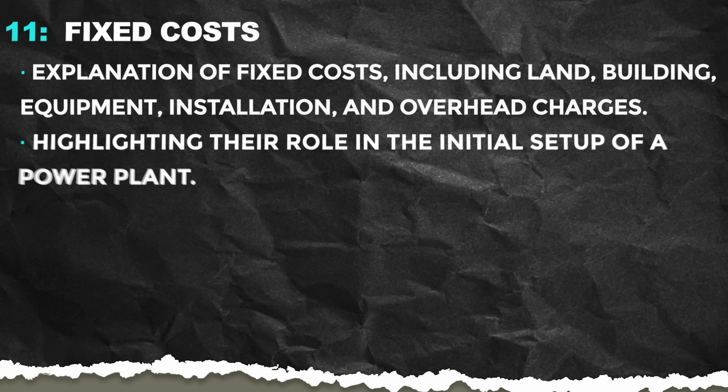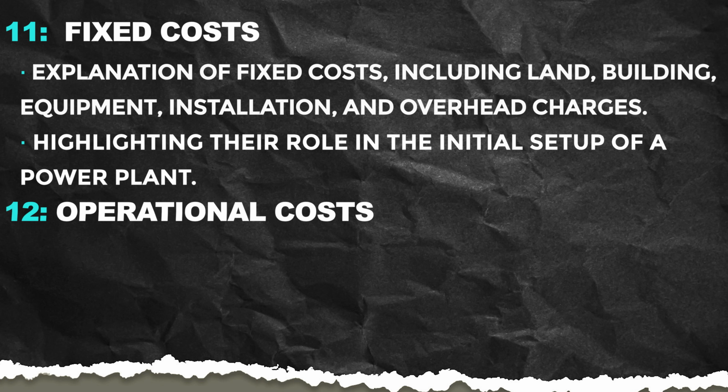After that, we will see fixed cost. In that, we will explain fixed cost including land, building, equipment, installation and overhead charges. We will highlight their role in the initial setup of a power plant.